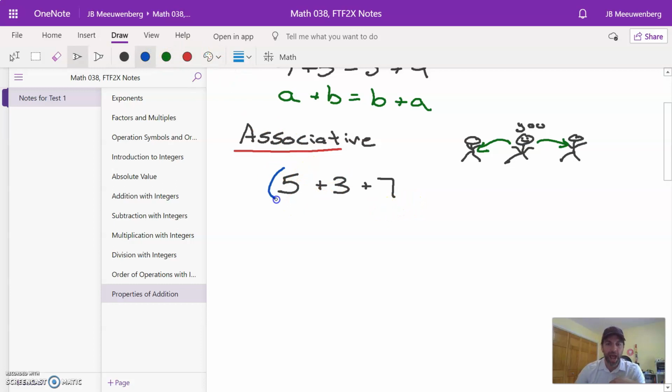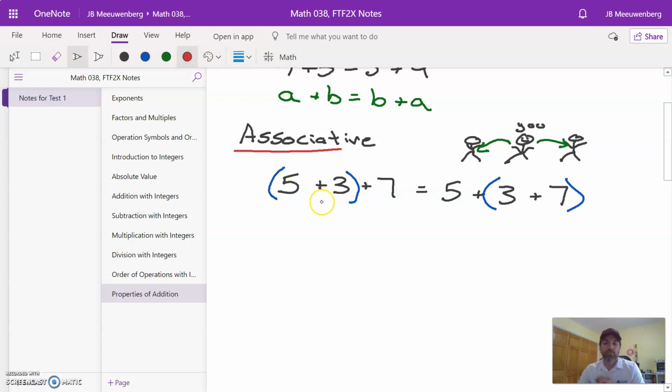So we would add these first two numbers first to get 8, and then we would add 7 on top of that. Well, the associative property says it's okay if you actually don't add them from left to right. It's okay if you want to add the 3 and the 7 first. You can go out of order a little bit.